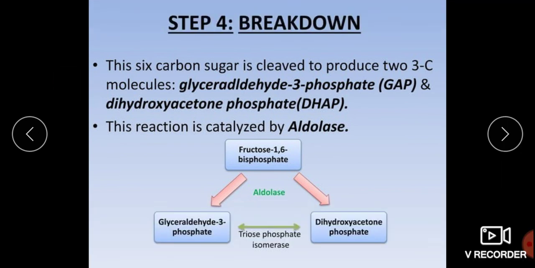So these two compounds, glyceraldehyde 3 phosphate and dihydroxyacetone phosphate, are isomers and interconvertible molecules, and they are interconvertible by the enzyme triose phosphate isomerase. But for the splitting of fructose 1,6 diphosphate into glyceraldehyde 3 phosphate and dihydroxyacetone phosphate, aldolase plays an important role, or the reaction is catalyzed by aldolase.